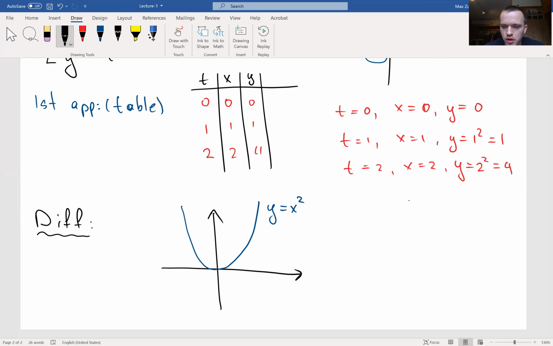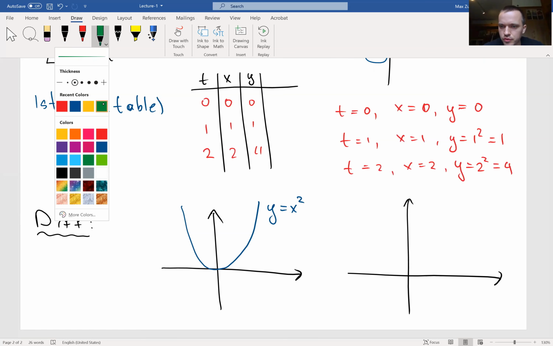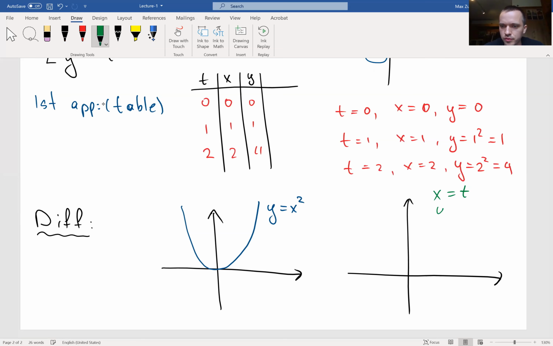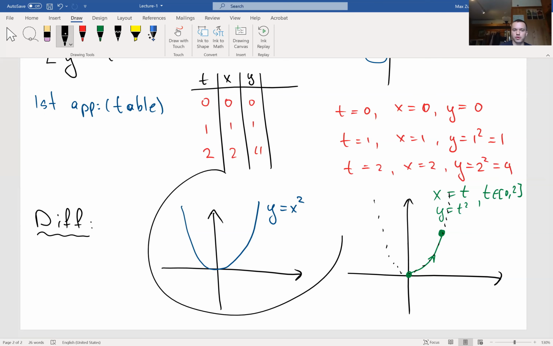But right now, if I give you the parametric graph, which is x is equal to t, y is equal to t squared, and t changes between 0 and 2, then your graph is going to look like this. But you can see that this graph is going to be on top of the Cartesian graph like this. So on the left, you have a Cartesian graph. On the right, you have a parametric graph.